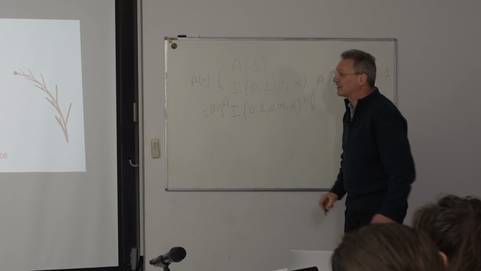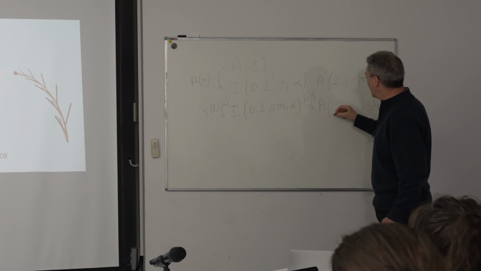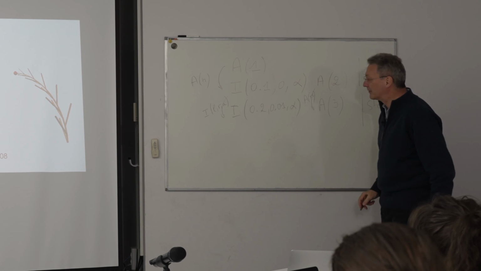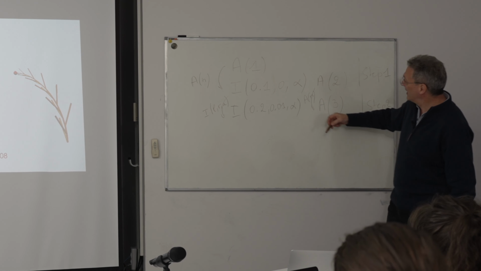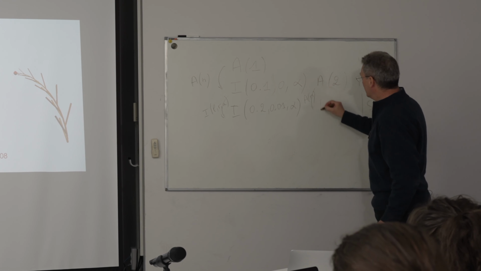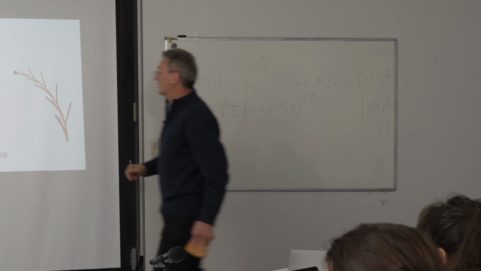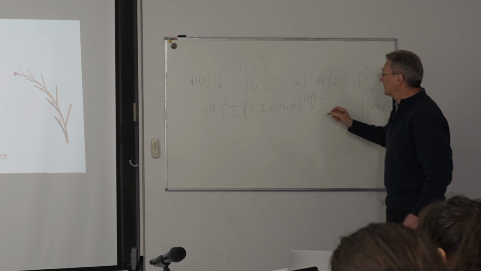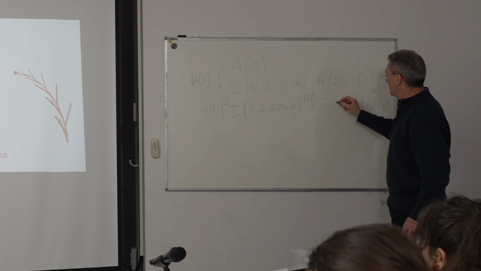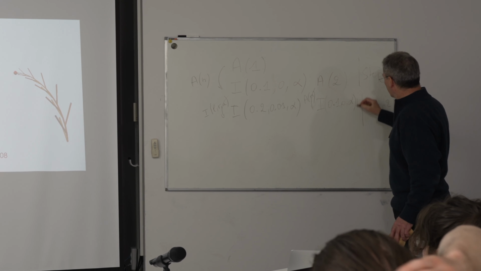And then alpha doesn't change. And then the A of n becomes A of n plus 1, and this is A of 3. Oh, sorry, I forgot the I, because there is an I here, which becomes the same value. It's not the same internode. And now the A of 3.